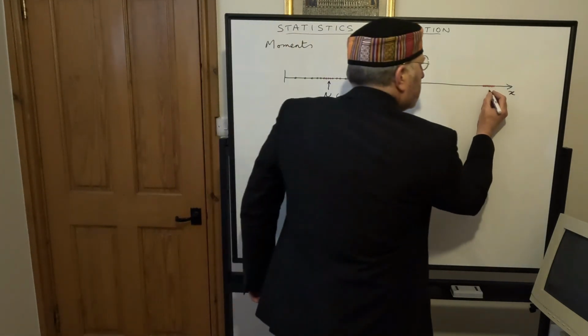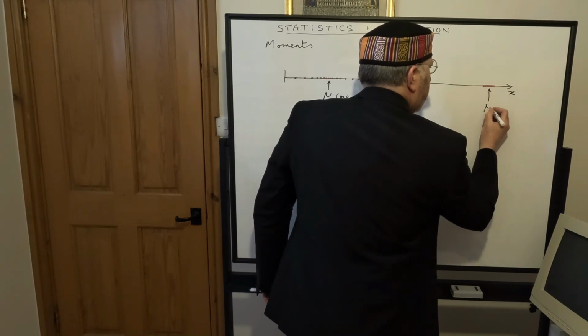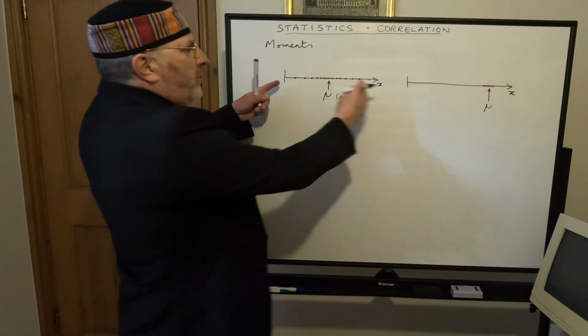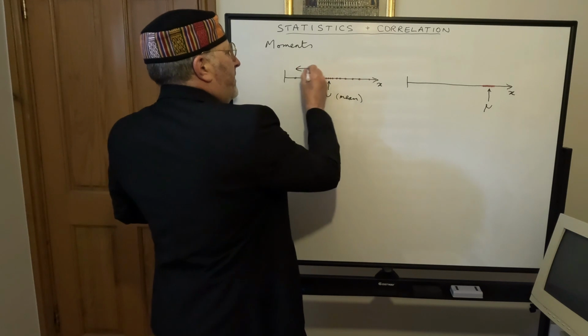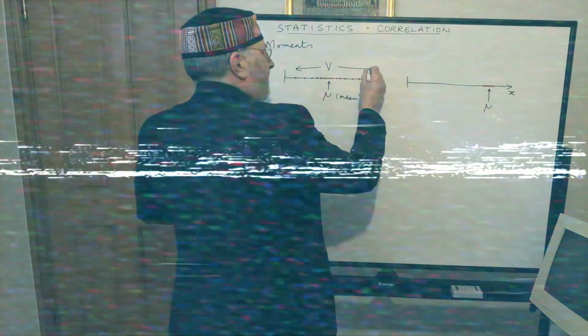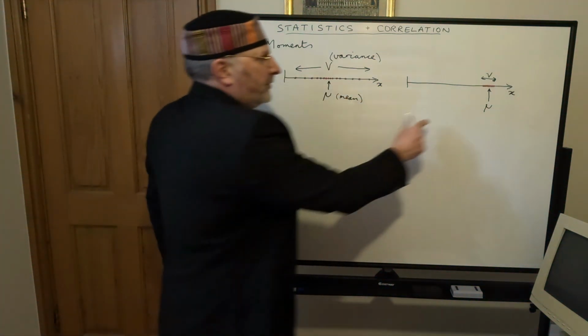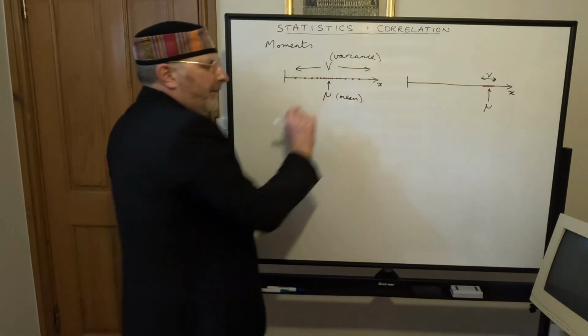Whereas here they're fluctuating around a higher value, a higher mean value. And the other thing is that this distribution is more spread out than that one. So this is the variance, V. So this distribution has a larger variance than that one, and this one has a higher mean than that one.